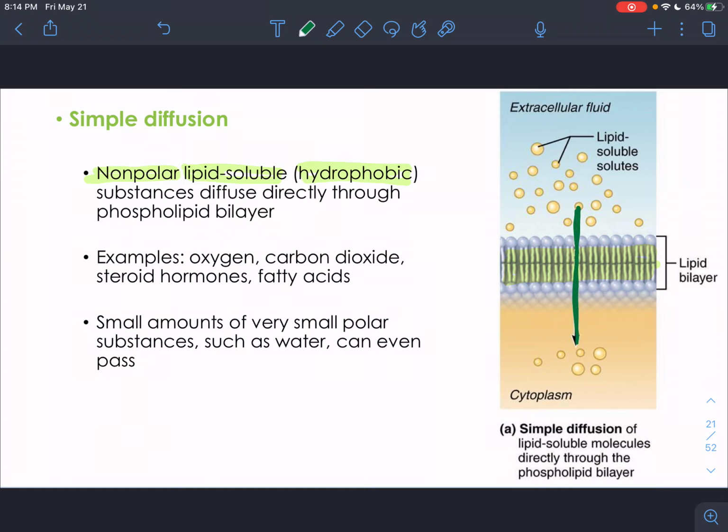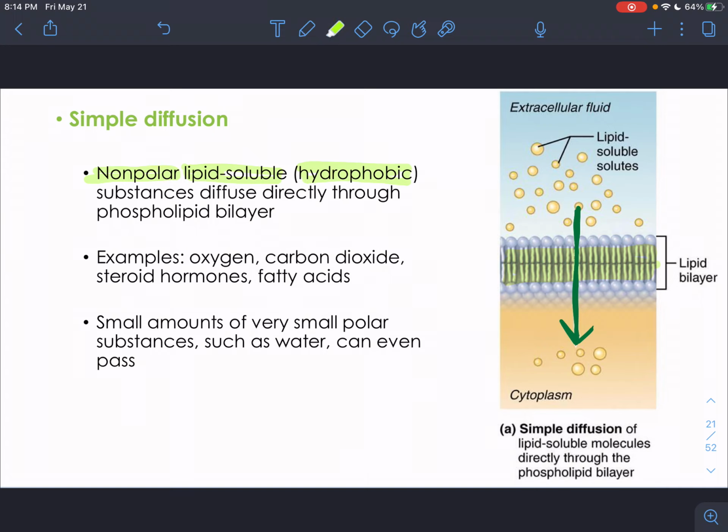Only non-polar molecules can go through simple diffusion, going directly through the bilayer. Non-polar, lipid-soluble, and hydrophobic all mean the same thing. Those small molecules can go directly through: oxygen, carbon dioxide, some hormones, and fatty acids.